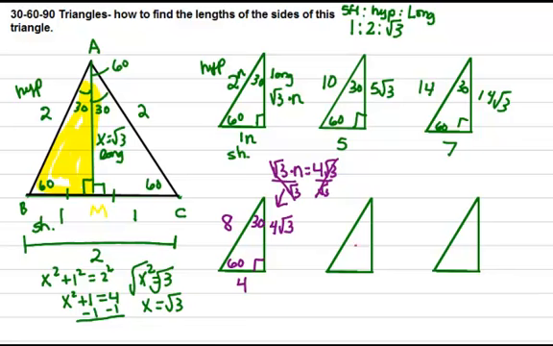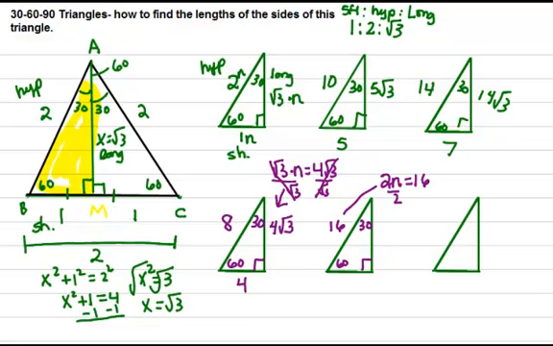Now, let's say that we start with the hypotenuse, and we'll make the hypotenuse 16. If you start with the hypotenuse, then you know that this hypotenuse is equal to 2n, by this initial triangle right up here. 2n is the hypotenuse, so in this case, 2n equals 16.